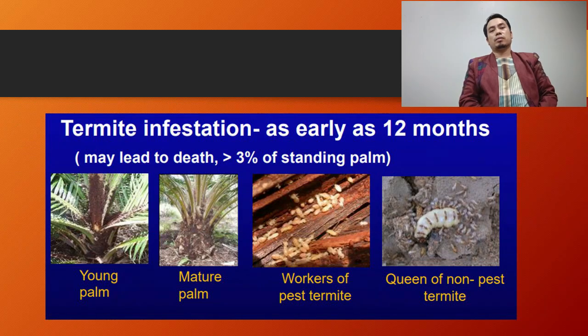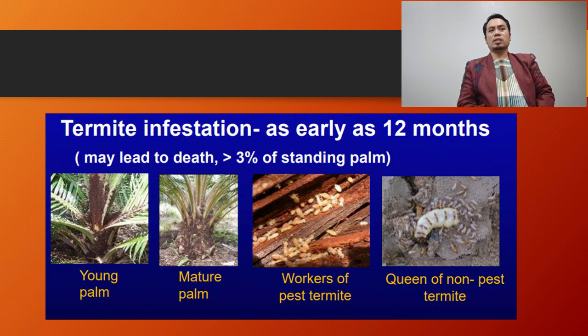This is the image. We can see what happens when termites attack the oil palm. In the young palm, we can see the leaves growing well. In the mature palm, we can see trunk damage.